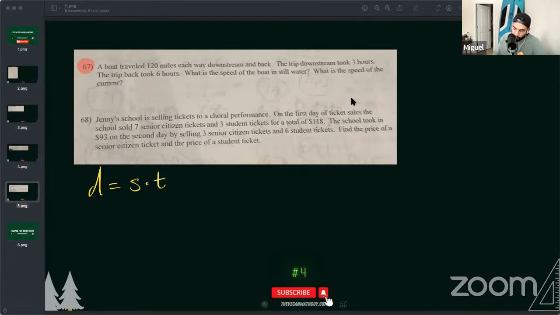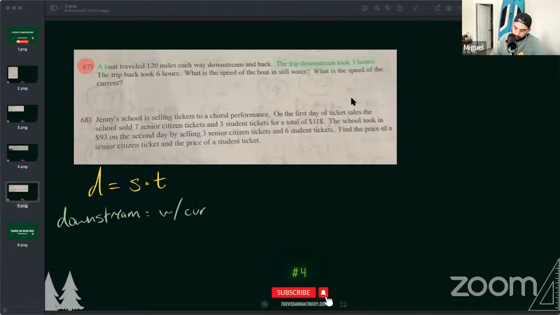So let's talk about the first scenario. Let me go ahead and highlight that in green. Well, you're traveling 120 miles. They're saying the trip downstream took 3 hours. If you're going downstream, think about it. Are you traveling with the current or against it? Whenever they're talking about downstream, you're going with the current.